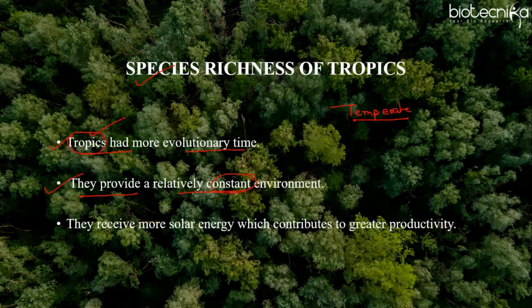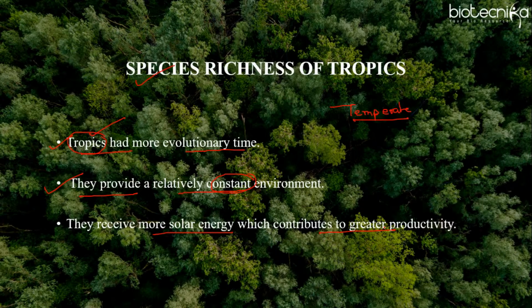So constant environment promotes specialization and leads to greater species diversity. It promotes speciation. And the third reason is that they receive more solar energy, which contributes to greater productivity.